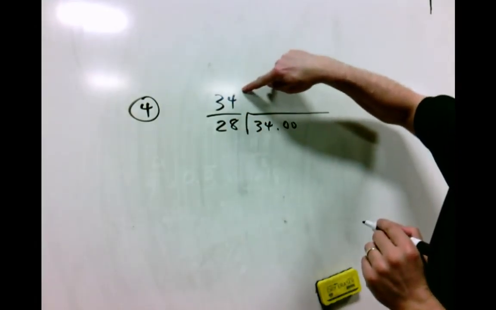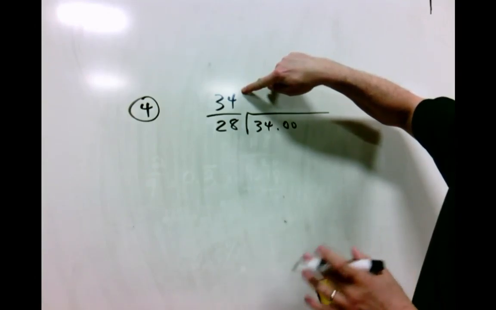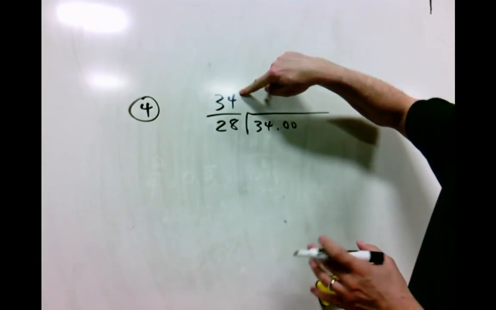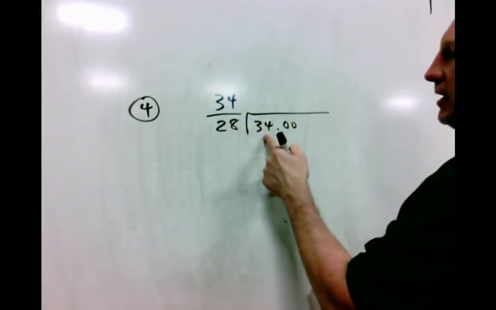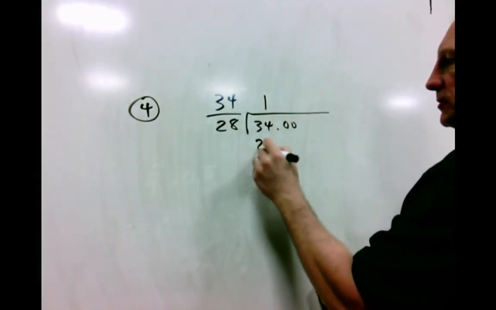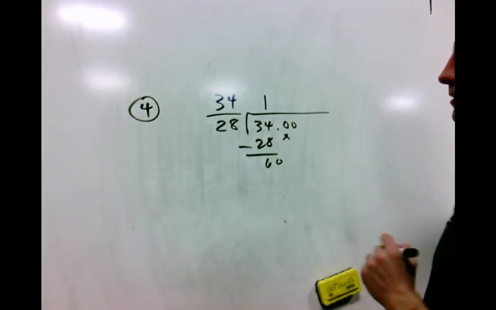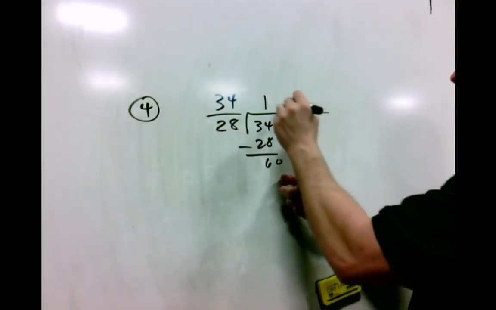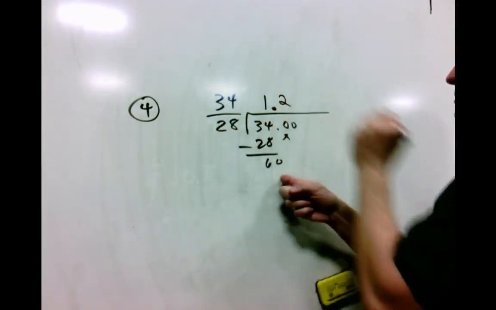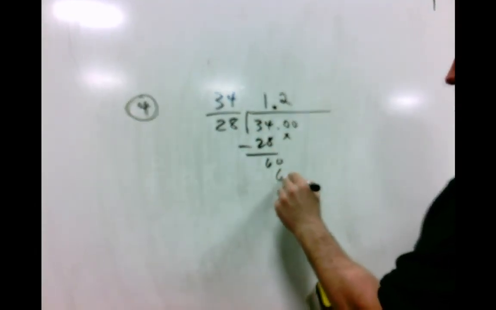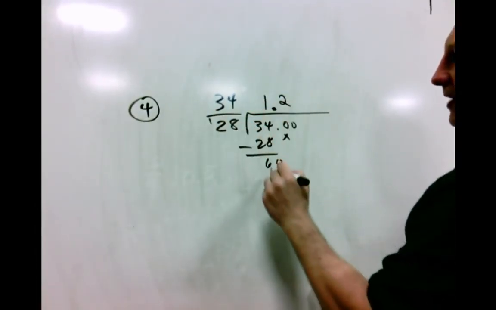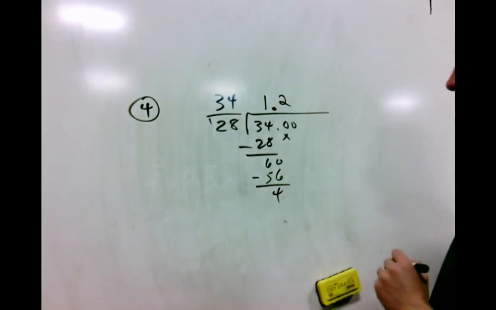Now I know that my number on top is bigger, so I know I'm going to get above 100 for my percent. So 28 into 34 goes 1 time, so I get 28, subtract, I get 6, bring down the 0. 28 into 60 goes, well, I need my decimal, it goes 2 times. So that's 16, carry the 1, 4, 5, and I get 4 now as a remainder.